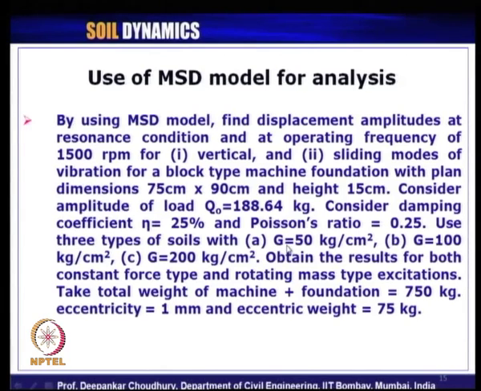First type with G shear modulus as 50 kg per centimeter square, equals 50 TSF. The second type of soil with G equals 100 kg per centimeter square, and the third type with G equals 200 kg per centimeter square. Obtain the results for both constant force type and rotating mass type excitations.